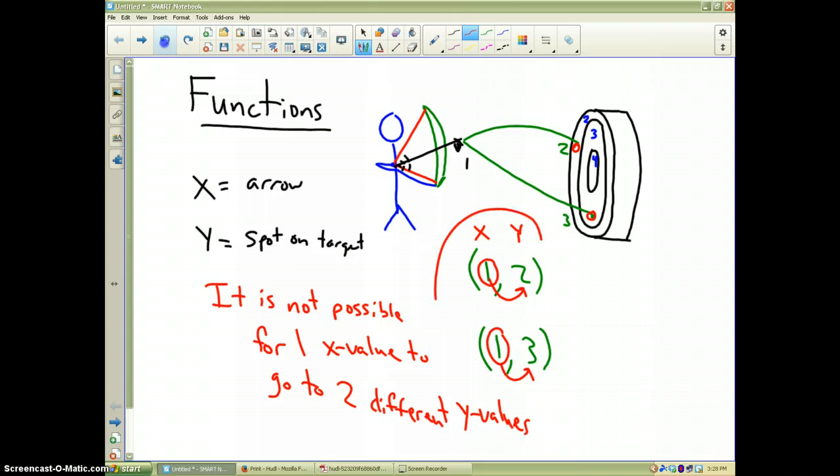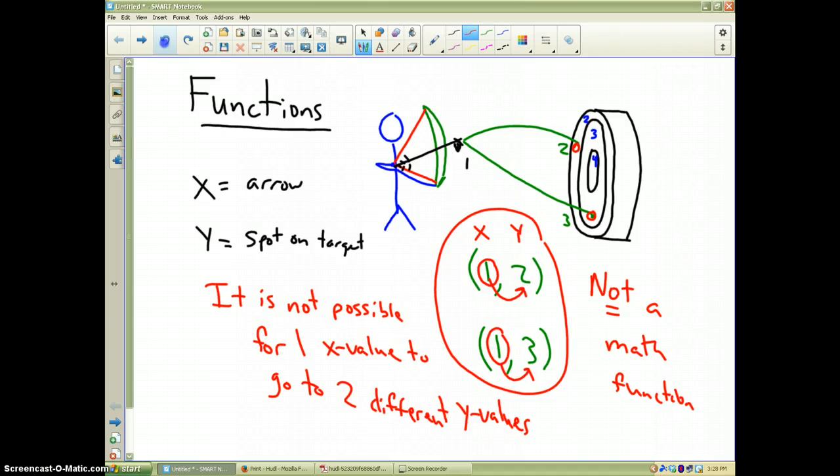Therefore, this particular example is an example of something that is not a math function. This is something that is impossible and cannot be done on your graphing calculator, and it is something that breaks all the rules of high school mathematics. You cannot have one input value produce two different output values.